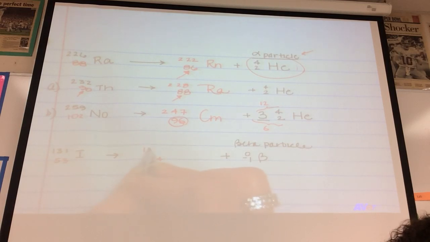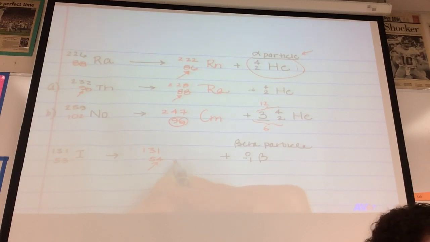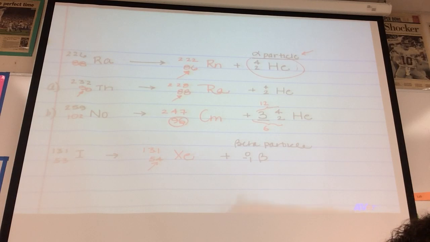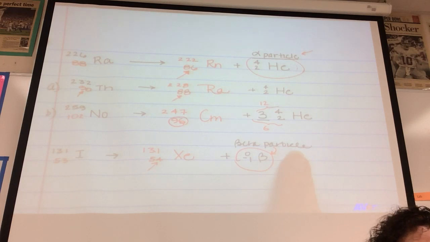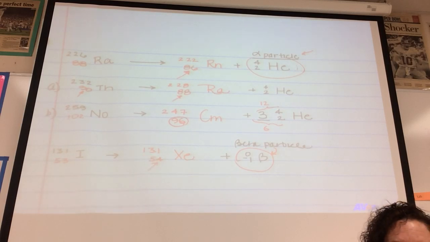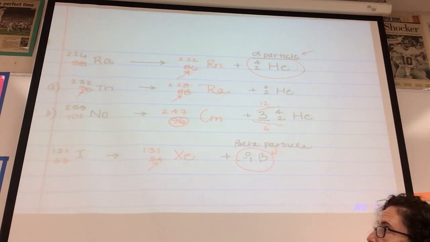No change in the mass number. 54 is the atomic number that identifies element xenon. So this is a beta particle. And you can see here that with beta particle emission, the atomic number increases, the mass number remains the same.